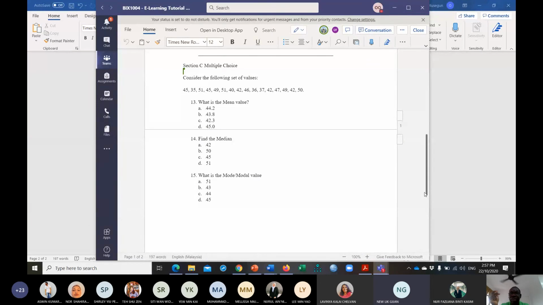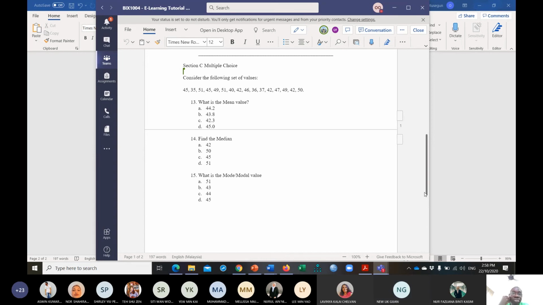What's the median? 45. Okay, let me count. At least I can count that. 1, 2, 3, 4, 5, 1, 2, 3, 4, 5, 6, 7, 8.